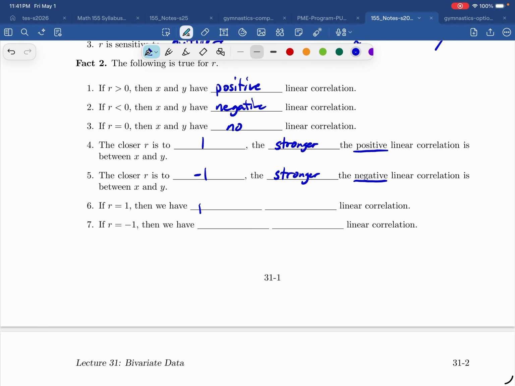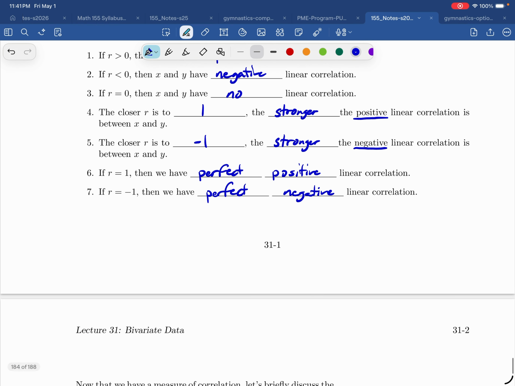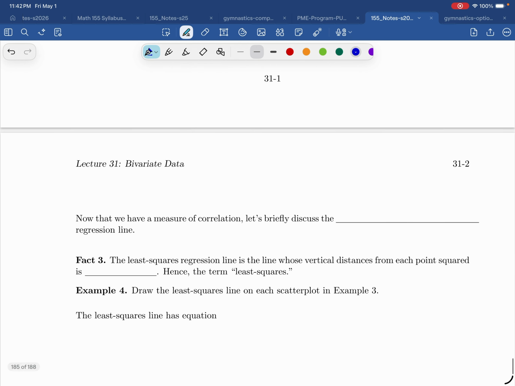And if R equals 1, then we have perfect positive linear correlation. If R equals -1, we have perfect negative, right? Now, this never really happens, or almost never happens, but we might get very close to 1 or very close to -1, okay?